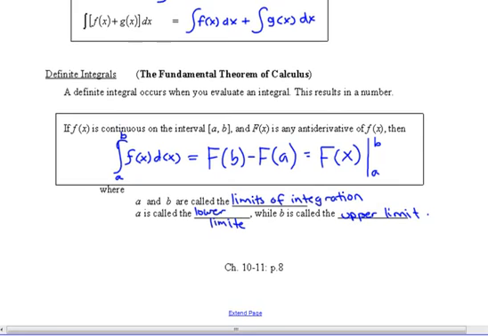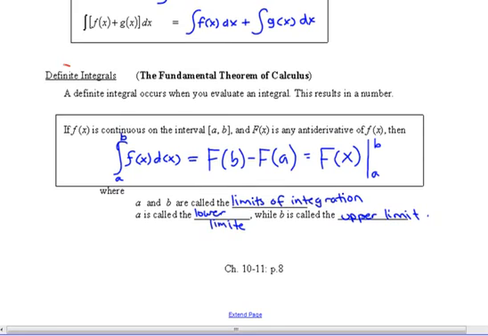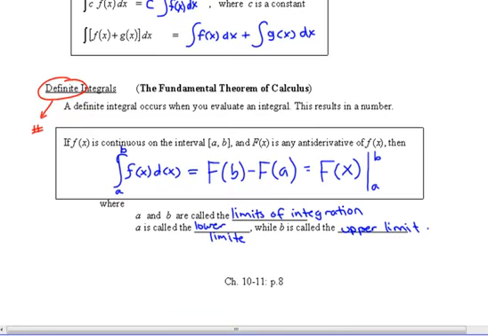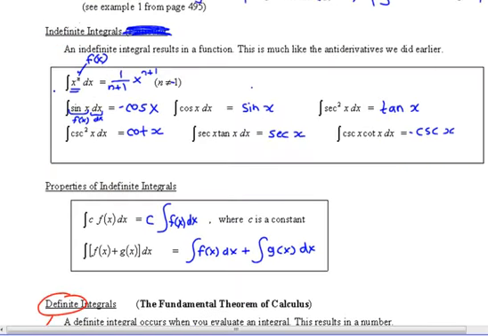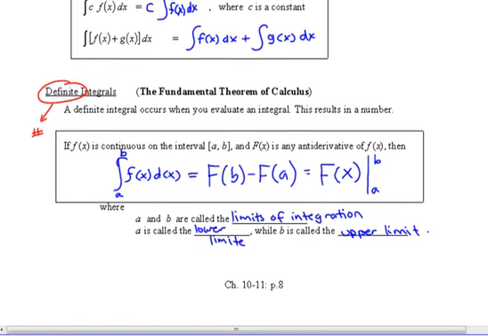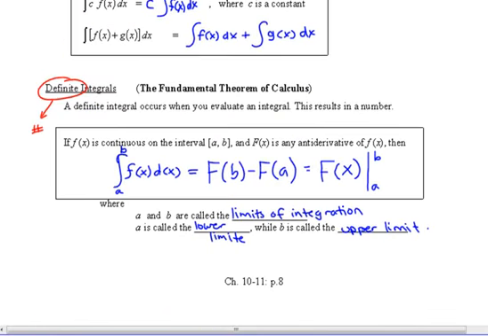So a definite integral results in a number. An indefinite integral results in a function. So indefinite gives you a function, like an antiderivative, whereas we're going to actually get a number answer for a definite integral.